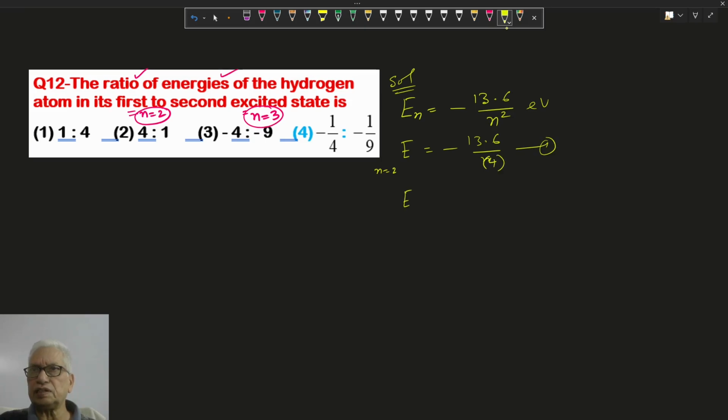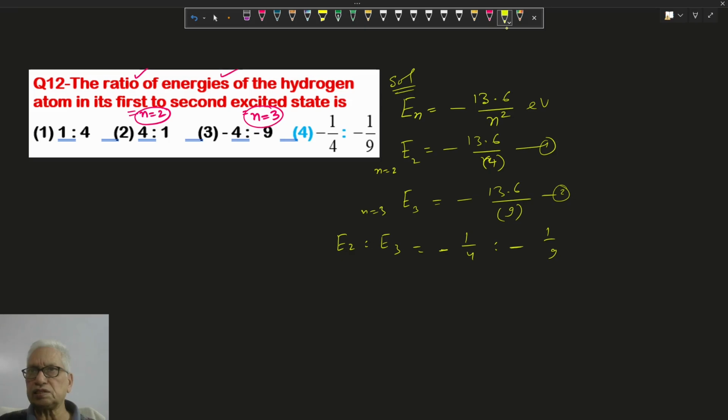Similarly, E for n equal to 3 is minus 13.6 upon 9. Now 13.6 will be cancelled out. Now E2 upon E3 will be minus 1 by 4 to minus 1 by 9.